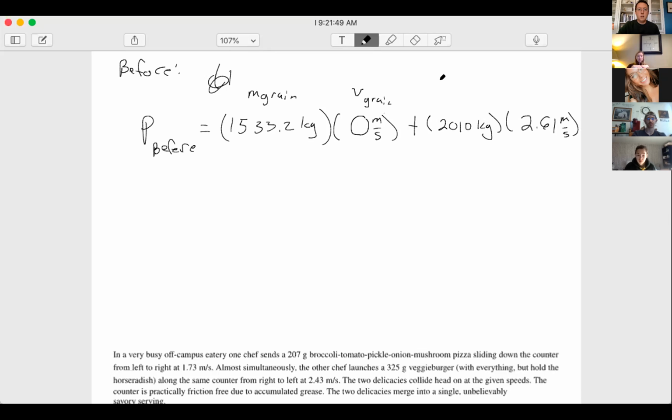So this is the mass of the car times the velocity of the car, all evaluated before the collision. 2010 times 2.61 gives me the momentum before: 5,246.1 kilogram meters per second.